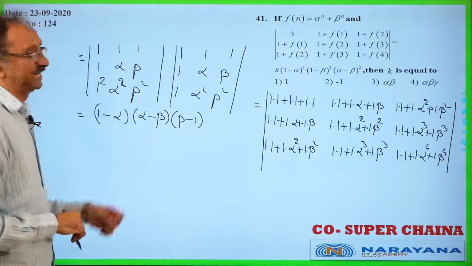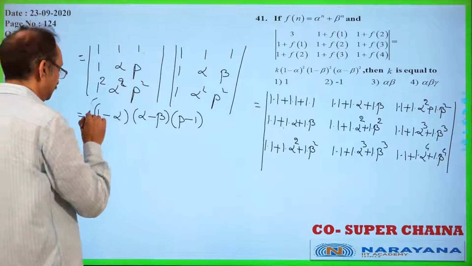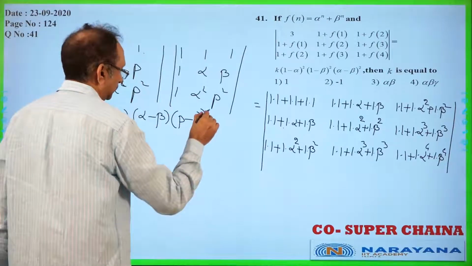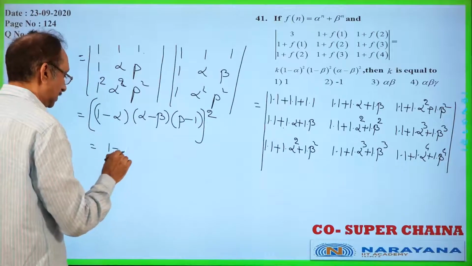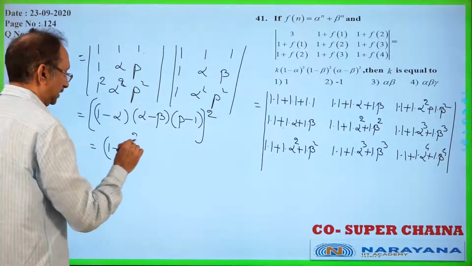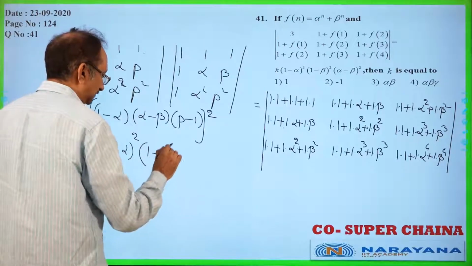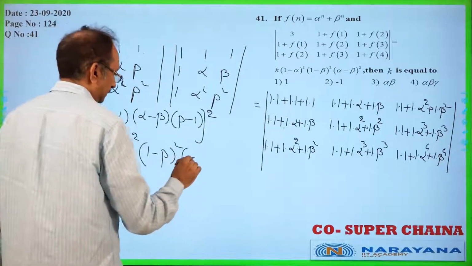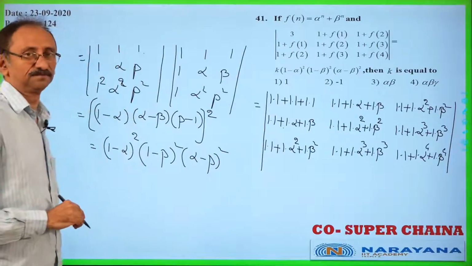So this is the first determinant. Similarly, the second determinant is also the same. Therefore, I can write like this, whole square. And this is 1 minus alpha whole square. Because there is a square, I can write this 1 minus beta whole square. And this is alpha minus beta whole square.